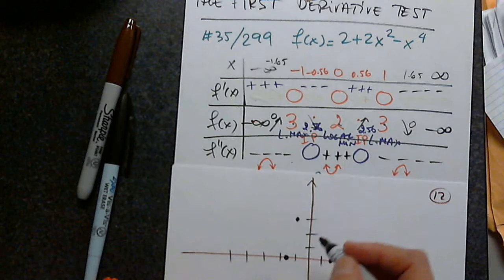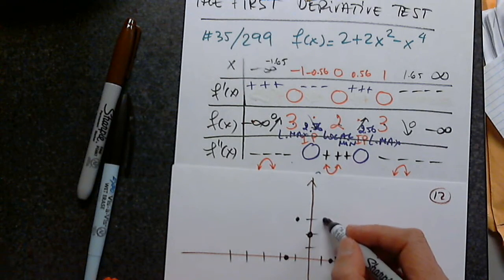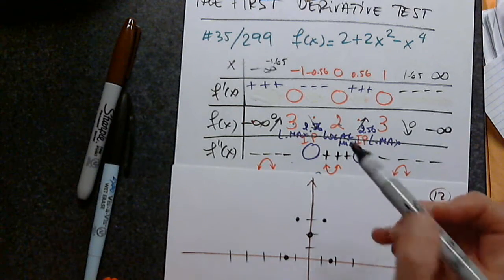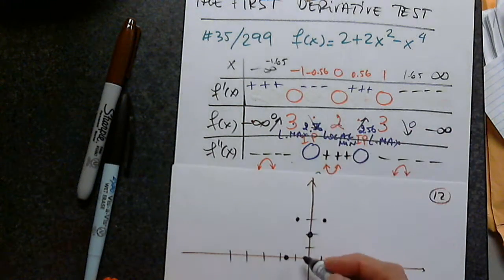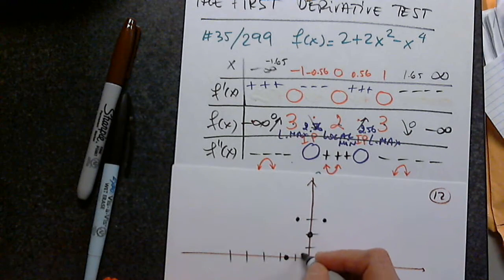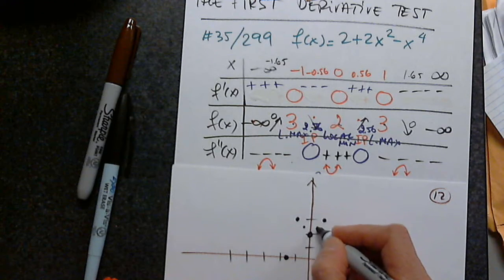Then I have 0, 2. Then I have 1, 3. And that's it. Now, I also have negative 0.5, 2.56. Negative 0.5, 2.56. And on the other side.